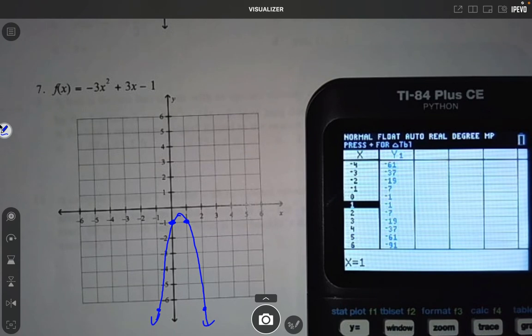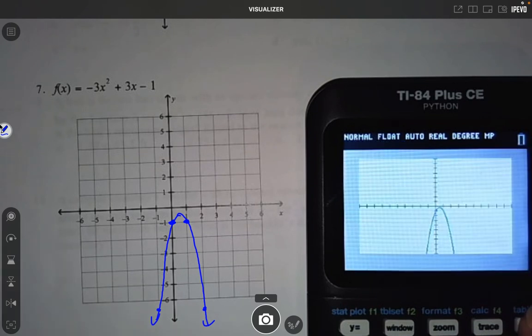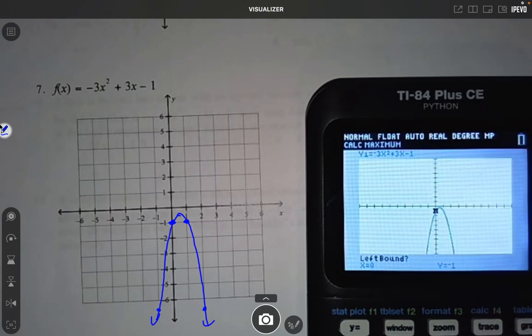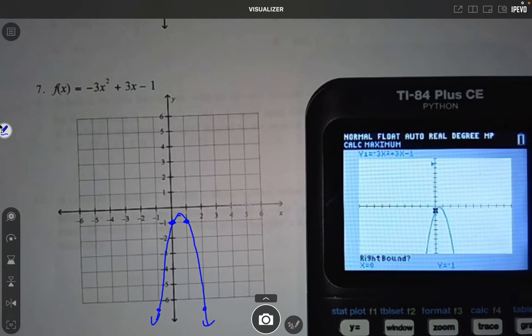So again, we press graph. Is this a maximum or a minimum? You're at the top, so it's a maximum. So we press second, trace, maximum. Then we go to the left of it, press enter, go to the right and press enter, and go back to the tip top.